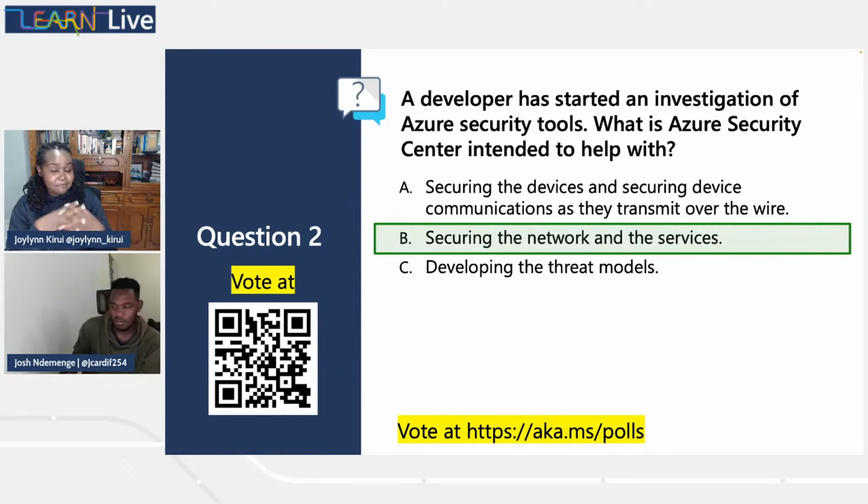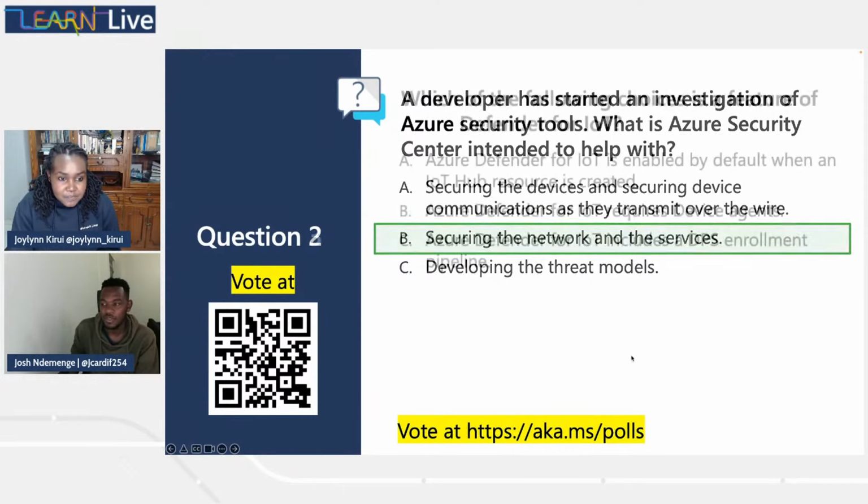We have a tool called Microsoft Threat Modeling Tool, which you can use to do your threat modeling. We also have another one called Threat Modeler, which is quite good, to scale your threat modeling.